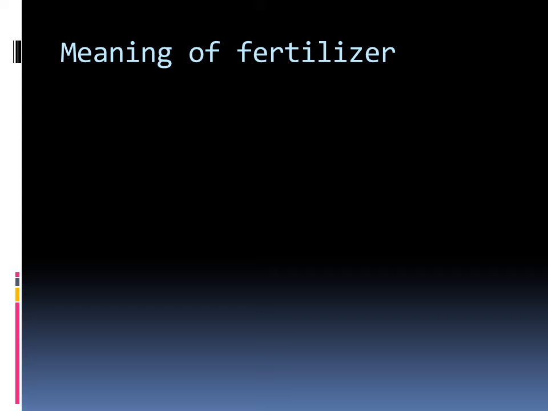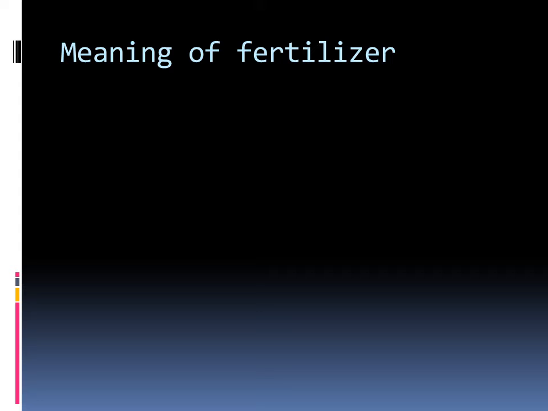Fertilizers are put in the soil to introduce or increase the quantity of minerals in the soil. Fertilizers or manures are substances added into the soil to enhance fertility by provision of nutrients lacking in the soil.